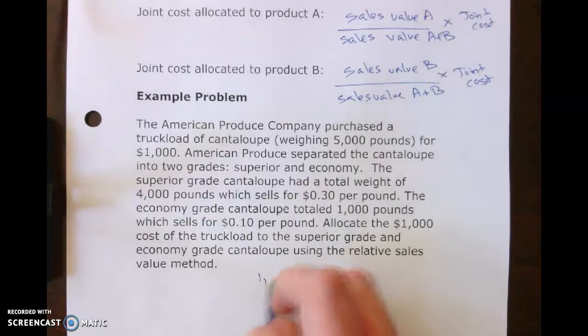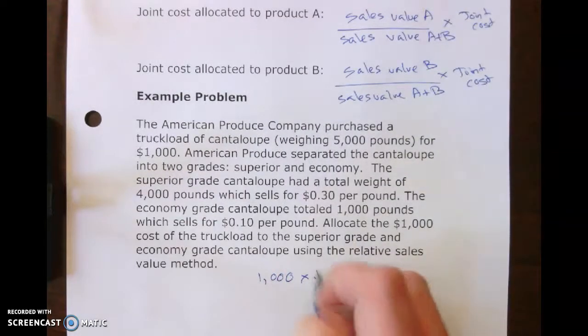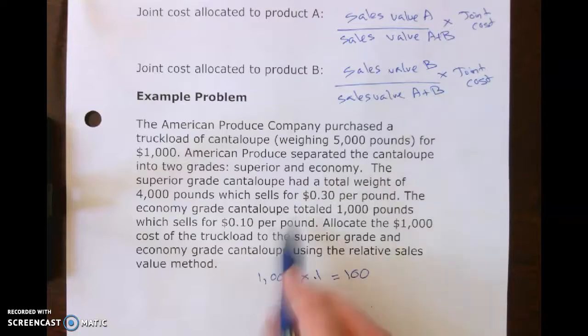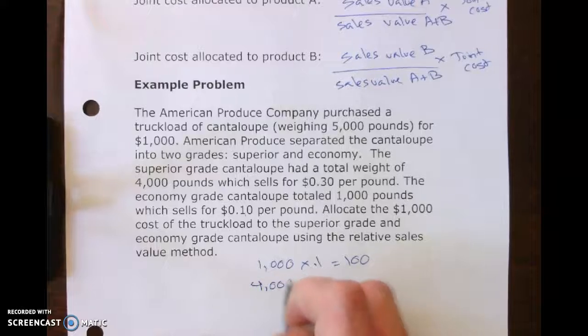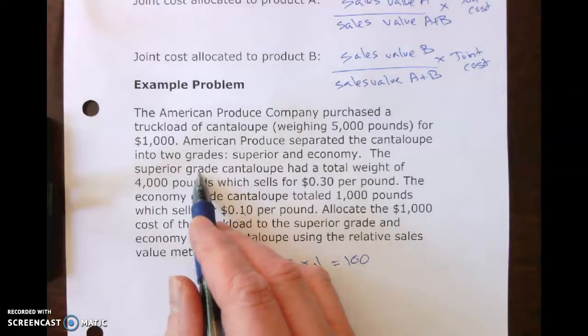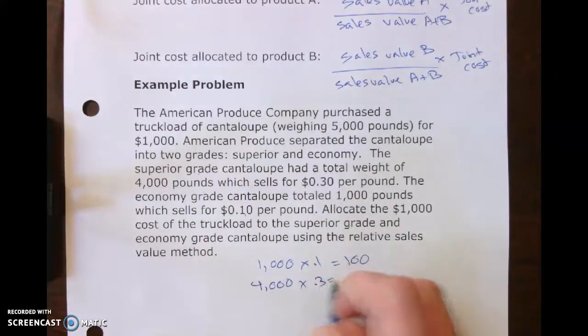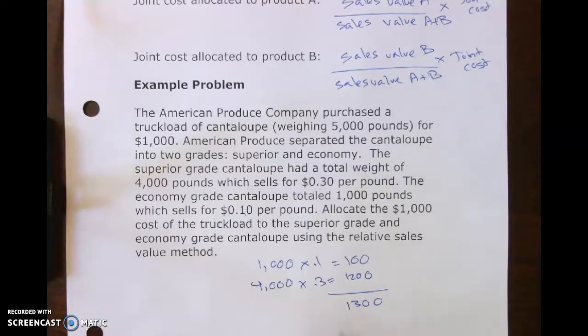The first thing I have to figure out is my total sales value: my 1,000 pounds of economy times 10 cents a pound, which is 100, and then my 4,000 pounds of superior at 30 cents a pound gives me 1,200. I add the two, that gives me 1,300, which is my denominator, my sales value.